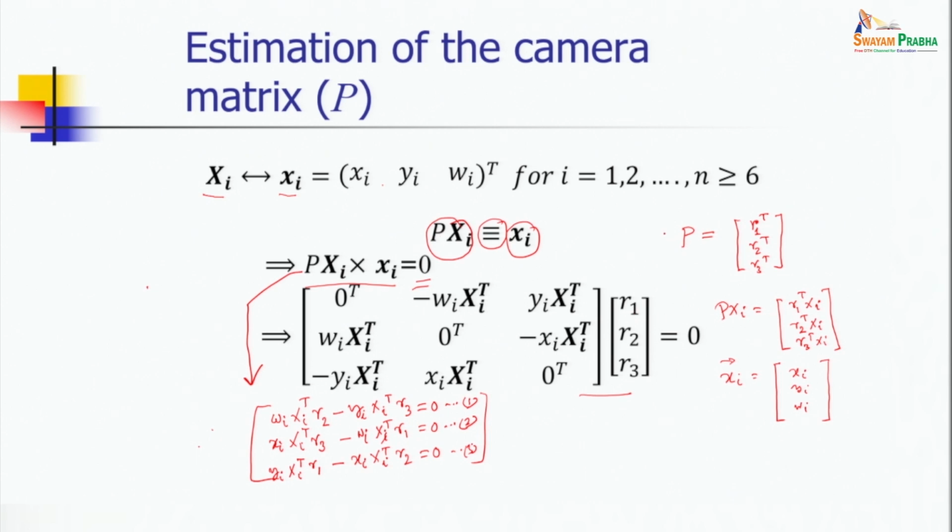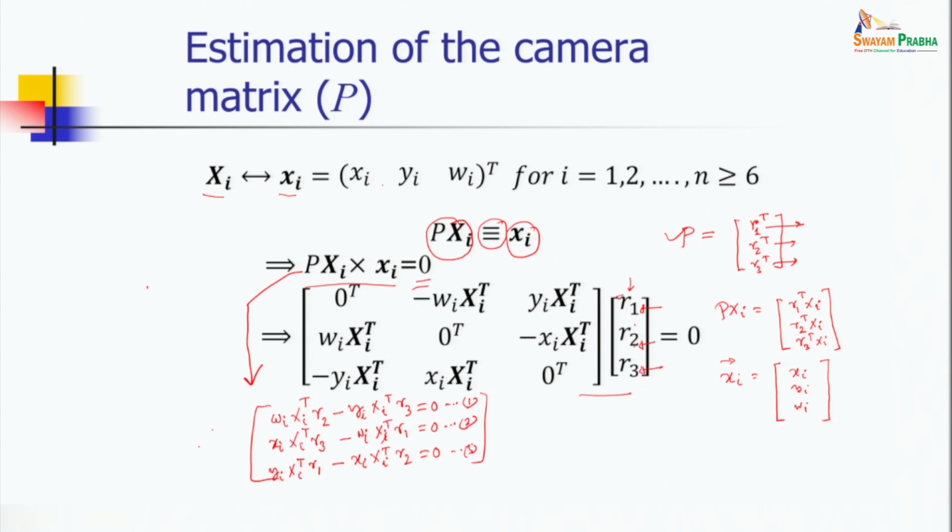We are estimating P. So, my unknowns are these row vectors, or the elements of P, which I will represent as a stack of column vectors. This is the column vector of the first row, this is of the second row, this is of the third row.